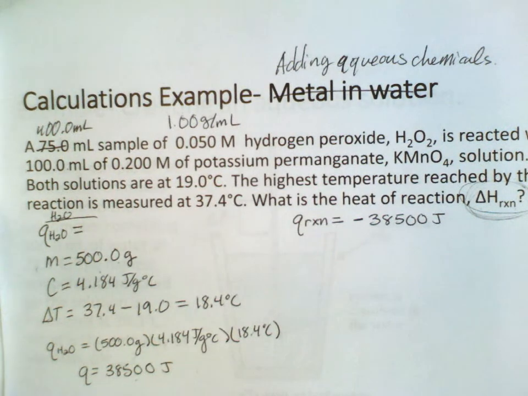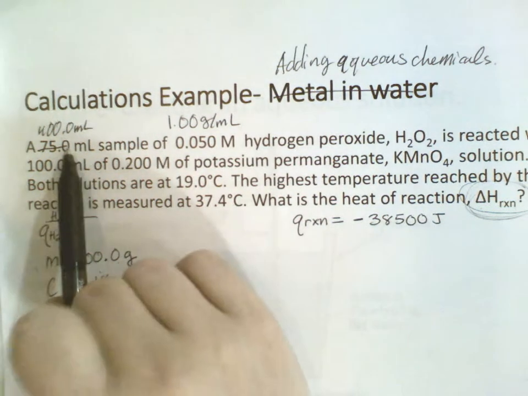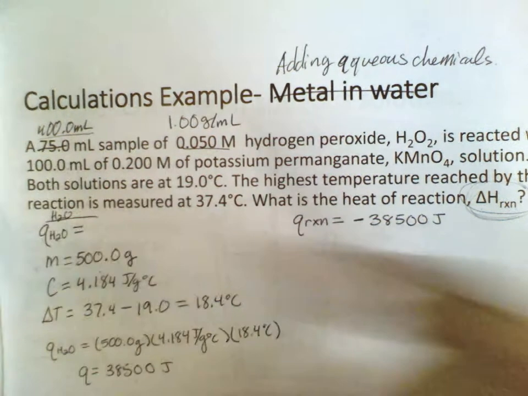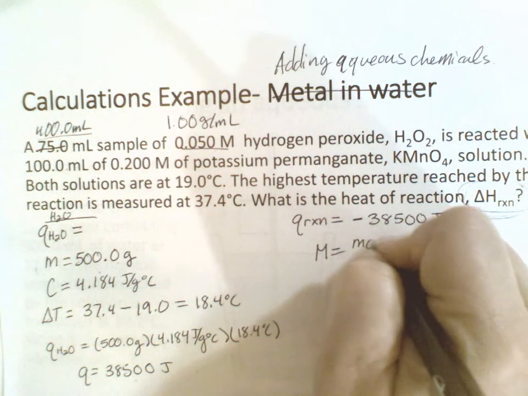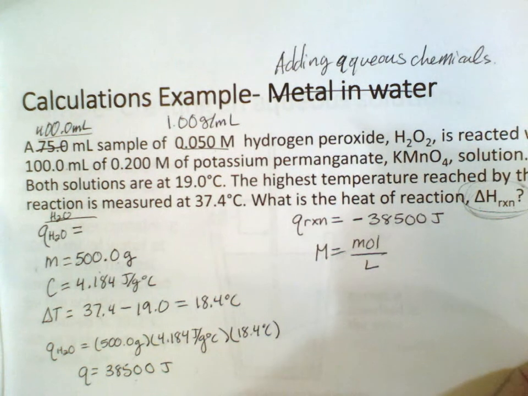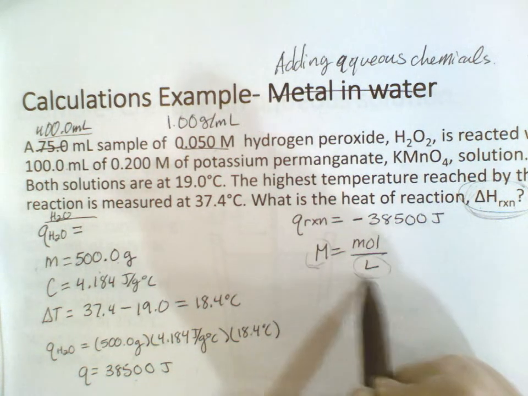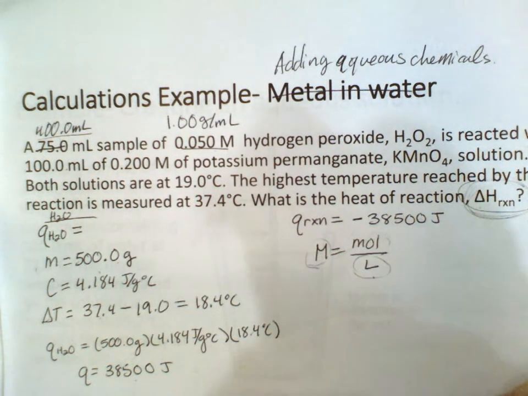So if we picked the peroxide, we would have the volume of the peroxide and we have its molarity given. So volume and molarity can always be related together using our lovely molarity equation. So we have the molarity, we can get liters, we can convert our milliliters to liters, and that will allow us to find moles of our chemical.